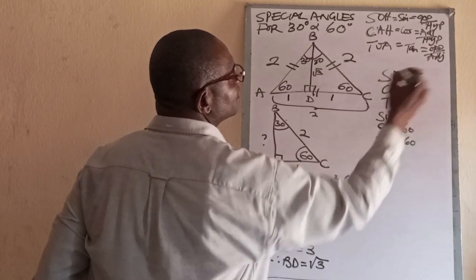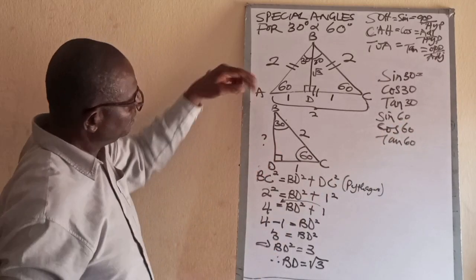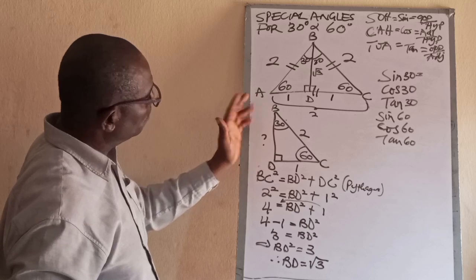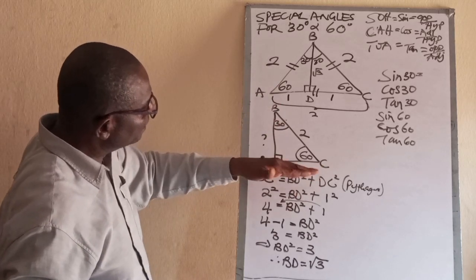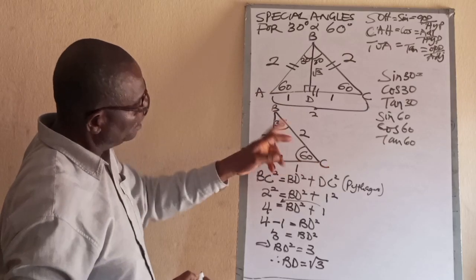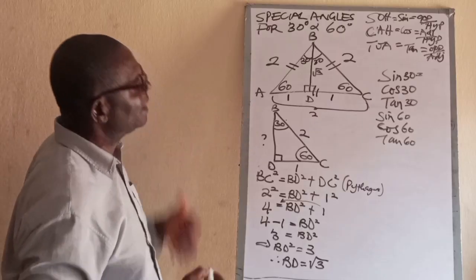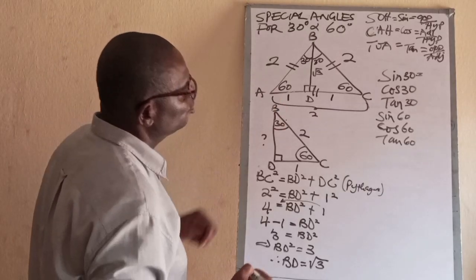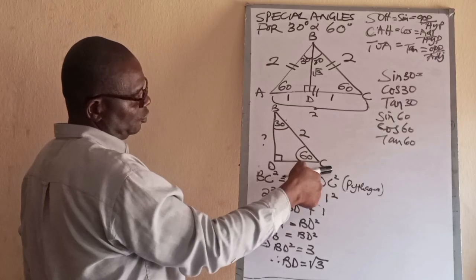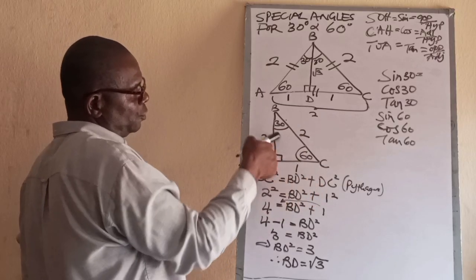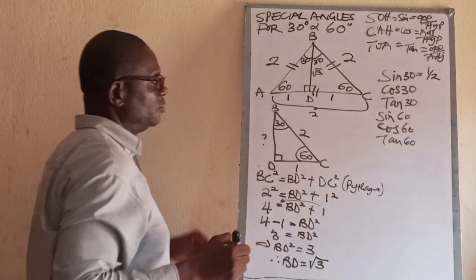So let's go. Looking at this triangle here, we're starting from 30. This is 30. DC is the side facing the given angle, so that is the opposite. The longest side is the hypotenuse, while BD is the adjacent. Having said that, sine is opposite over hypotenuse, so sine 30 is 1 over 2.